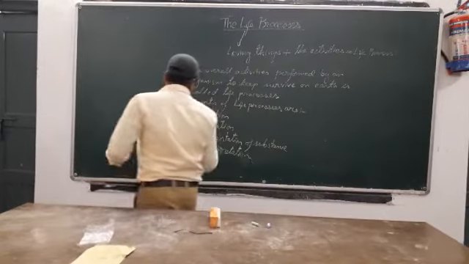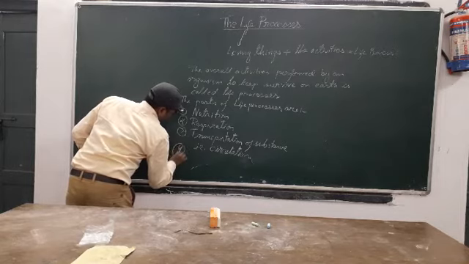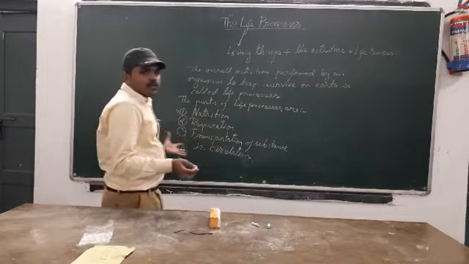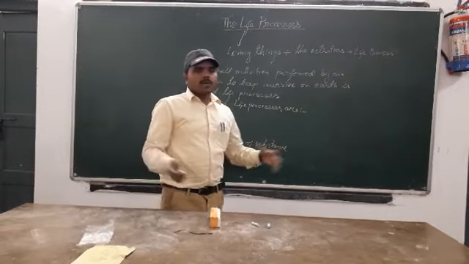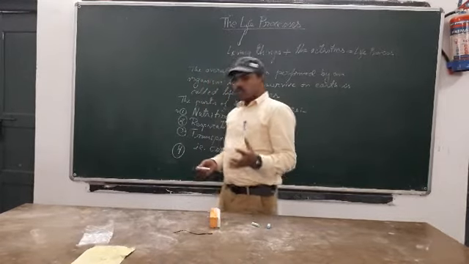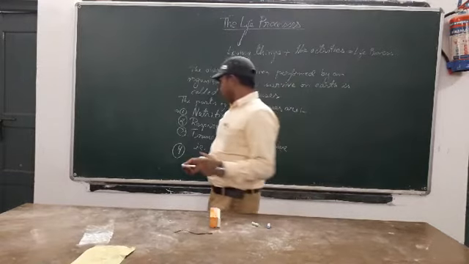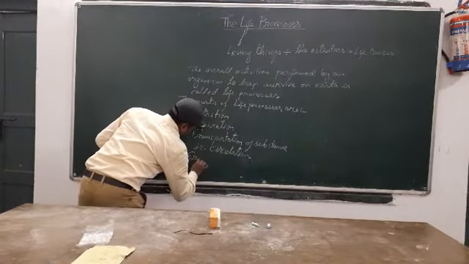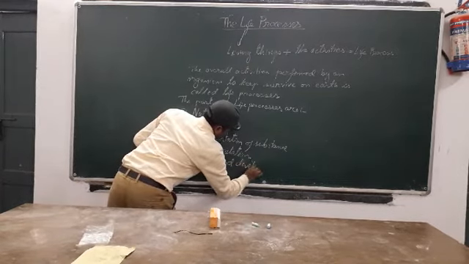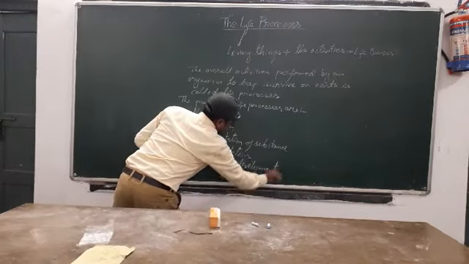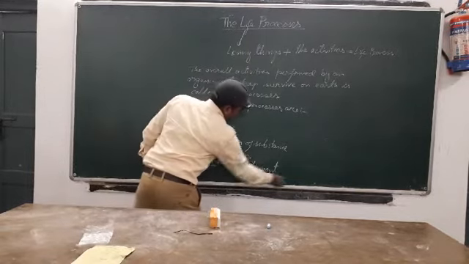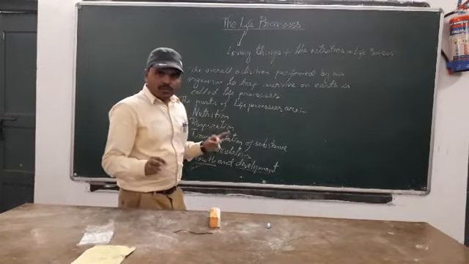Now the next point will be about growth and development. After circulation, I mean when the respiration, nutrition and circulation of substances take place, there may be the growth and development of a body. Every organism performs this activity also. There are two terms, growth and development, and there is a difference between them.